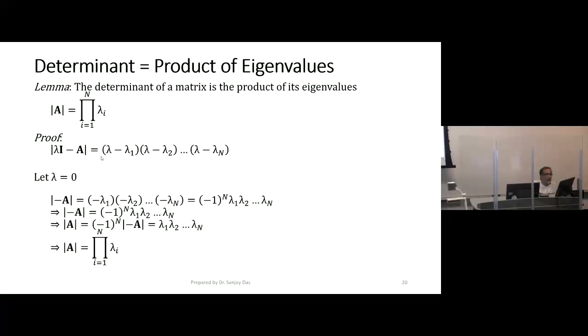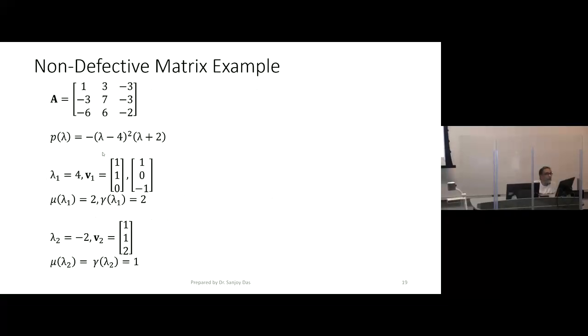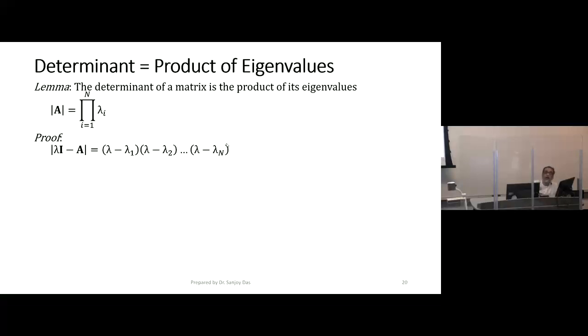And we can actually see it for one of these. 1 plus 7 plus negative 2 is 6, right? Yeah, so there's some typo here somewhere.